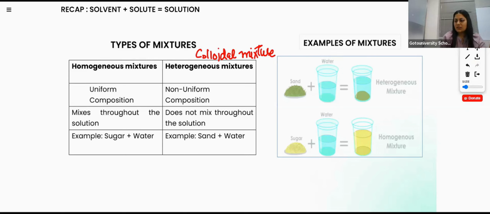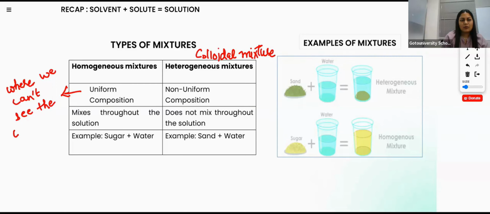So what is a homogeneous mixture? A homogeneous mixture is one where you cannot see the components or constituent particles separately. Homogeneous mixtures have uniform composition. By uniform composition, we mean that we cannot see the components, or say the constituent particles, present in the mixture. The best example for this is sugar and water.